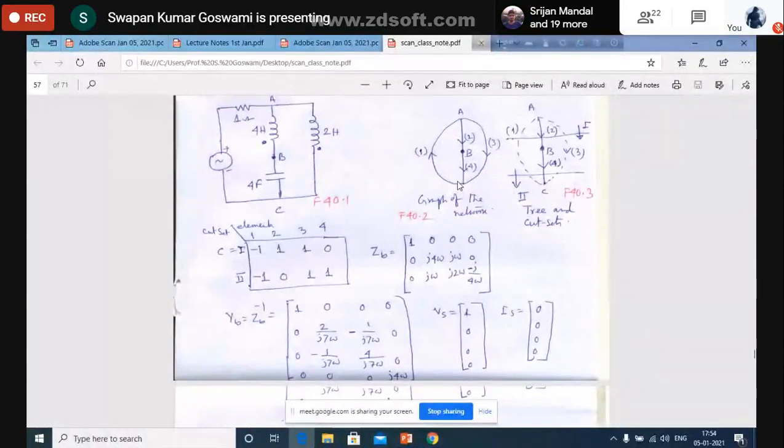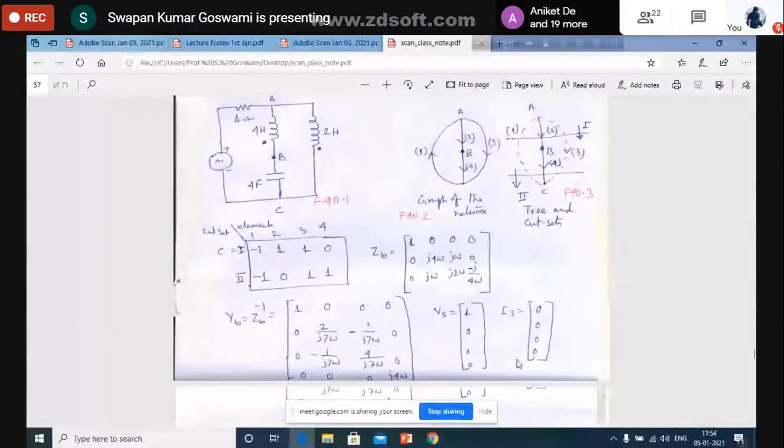If the current source is flowing in the direction assigned to the element, then it will be a positive current source. If the current source is delivering a current opposite to the assigned direction, then it will be a negative current. That is the simple logic you have to follow.